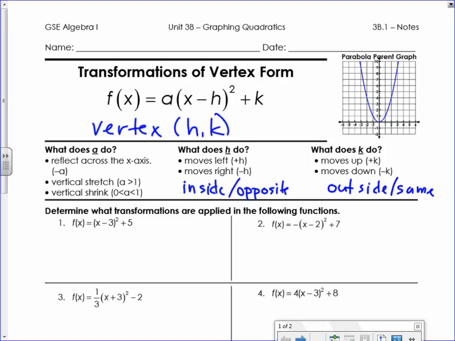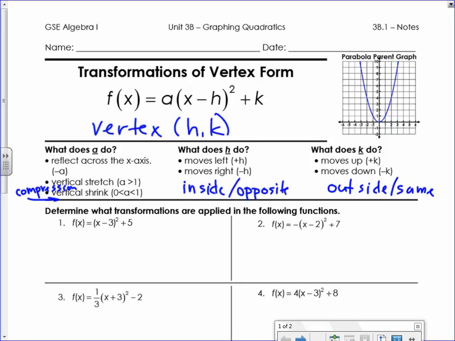It's getting skinnier. If A is between 0 and 1, in other words, a positive fraction or decimal between 0 and 1, that means it's a shrink, but I like to call that a compression, which is what it's also commonly called. So you might want to write compression here next to where they wrote vertical shrink. It means the same thing.